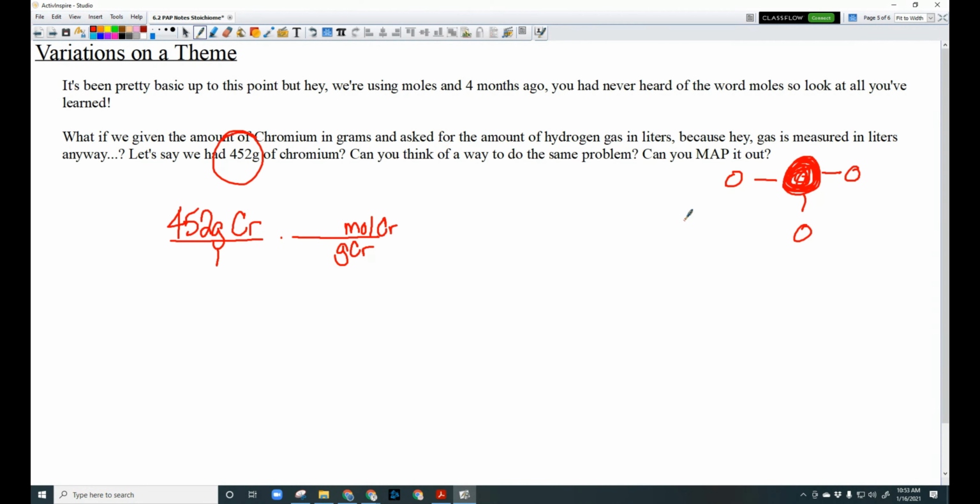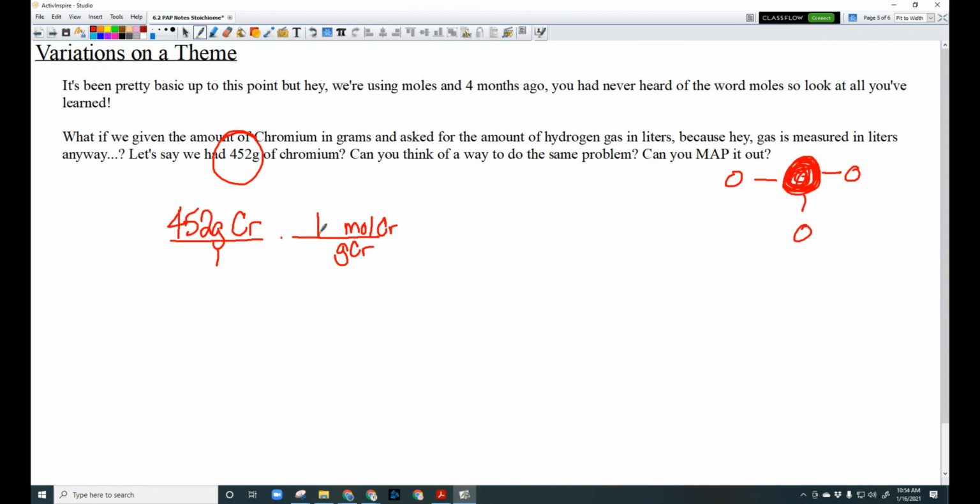Once it's in moles, you may still not know what to do, but that may trigger some memory and you go, oh yeah, I can do moles. So convert everything to moles all the time. Even if you don't know what to do, convert it to moles, and that may give you a clue.